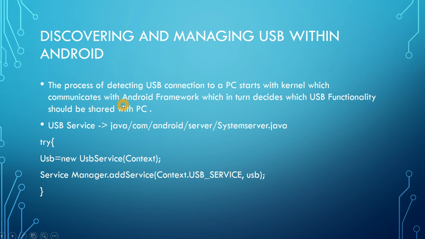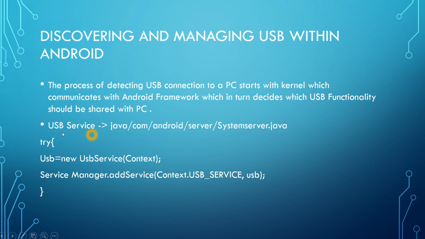This kernel will communicate with Android framework, and this framework has the responsibility to decide which USB functionality should be shared with the PC. You all might have observed when you connect your device to your PC, you get a list of options. So this framework is the one which will decide which functionality should be shared with the PC.